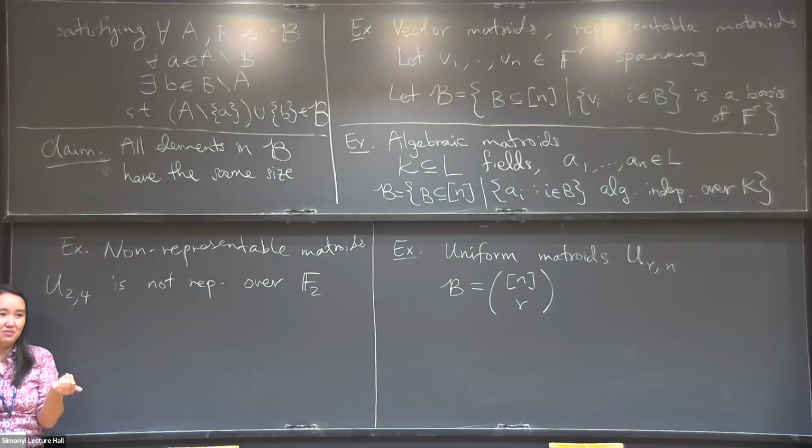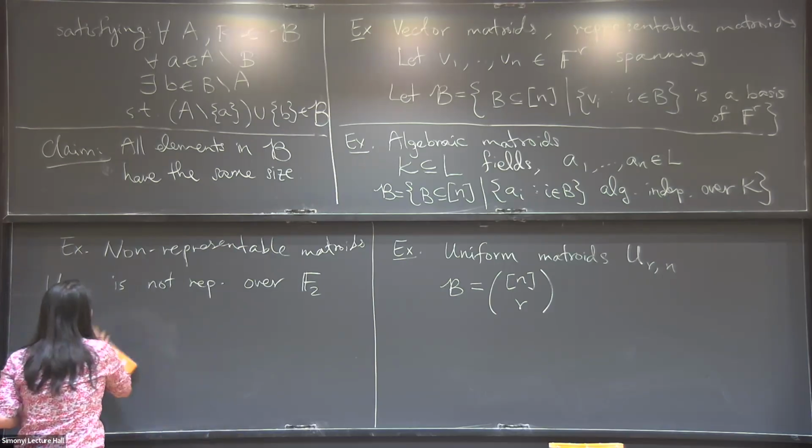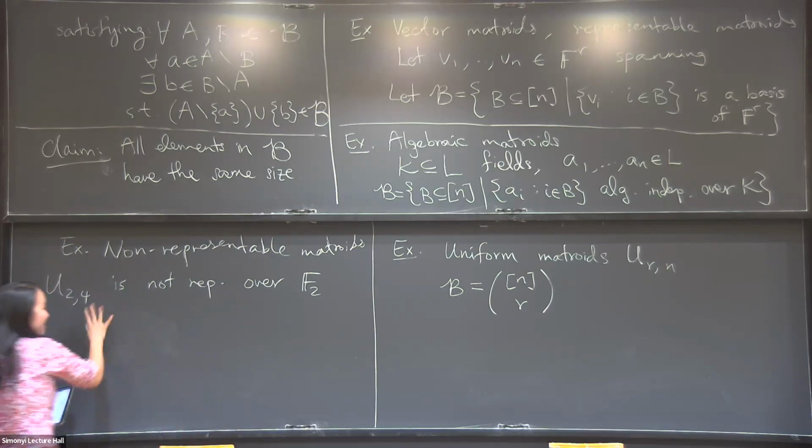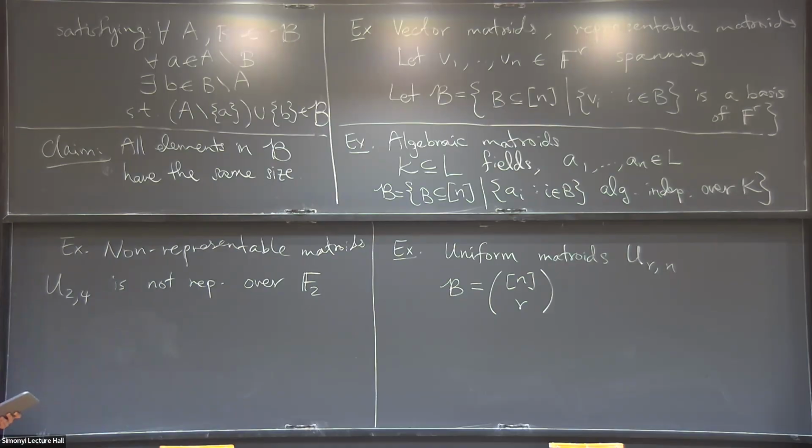Anyone see why that is not possible? There are only 3 non-zero vectors, so you can't have 4 vectors that pairwise form a basis, right? It's kind of a silly example, okay? But it is representable over any field larger than that. So perhaps a more interesting example is something called the Fano matroid.